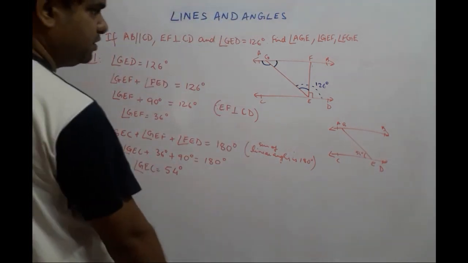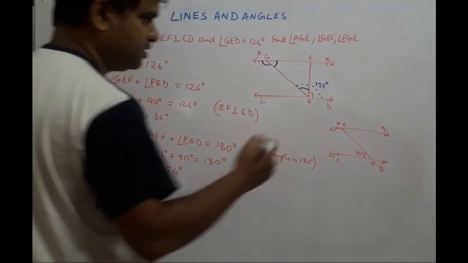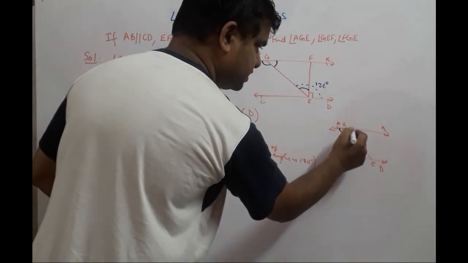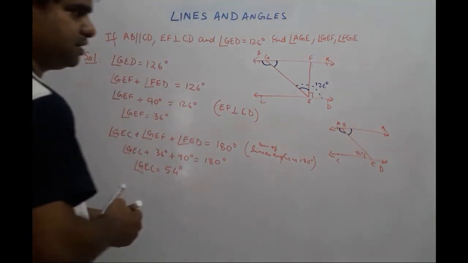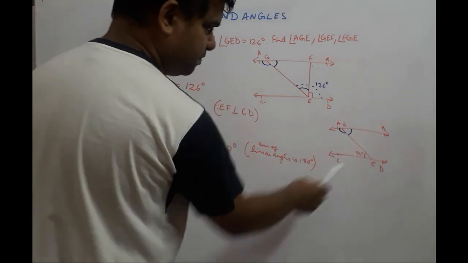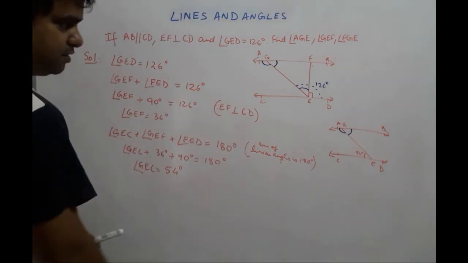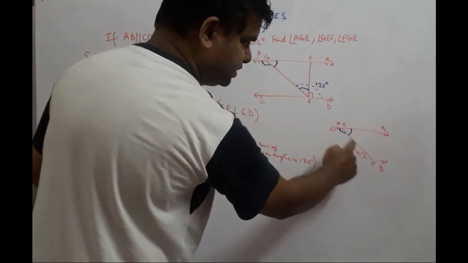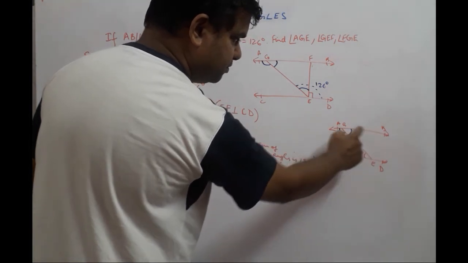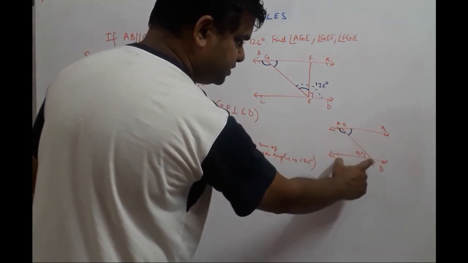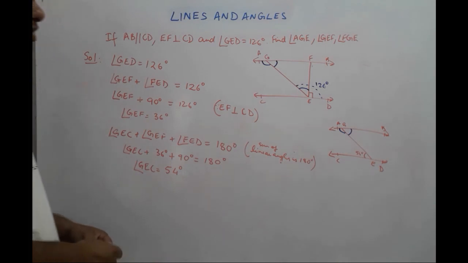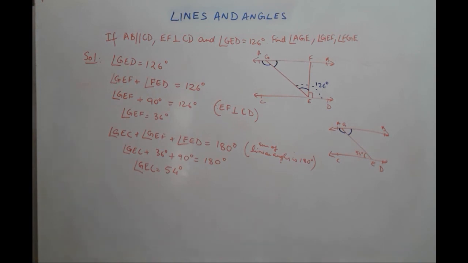What we need over here is this and this, right? Now if these two are parallel, what is the relationship between BGE and GEC? Aren't they alternate interior angles? Right? They are alternate interior angles.